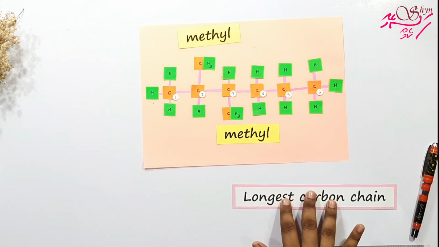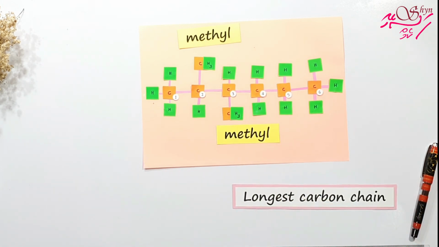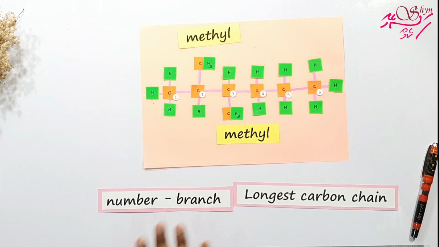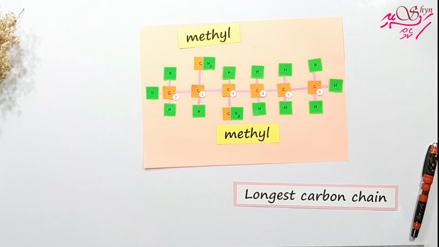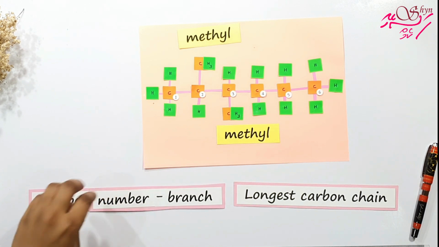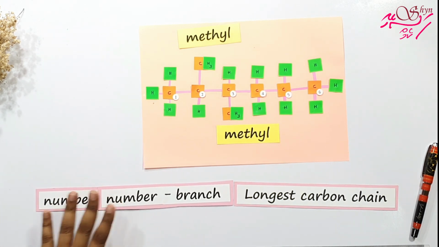When naming, the name of the longest chain will come last, and the name of the branches and the numbers to which the branches are attached should come before that. This time both are methyl branches. It must indicate to which carbon both branches are attached. So 2 numbers will be there before the branch name. The longest carbon chain has 6 carbon atoms, so it is hexane.